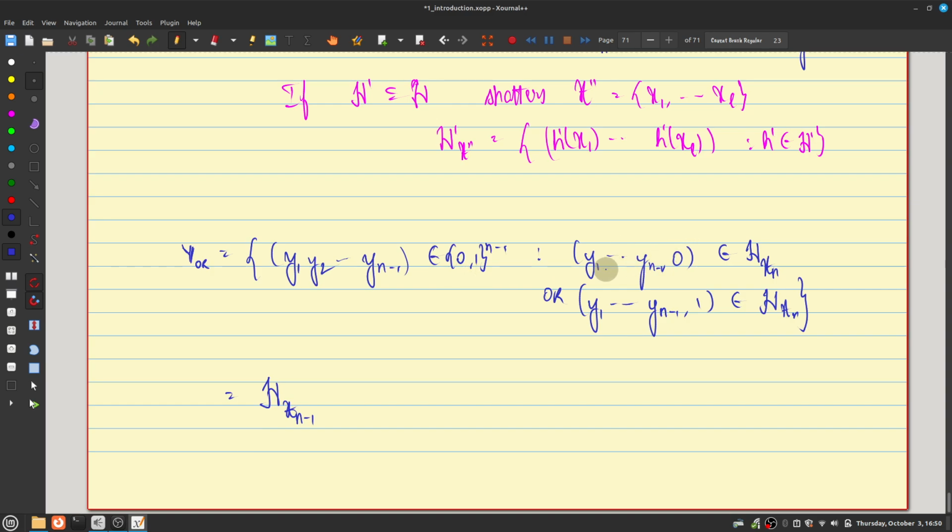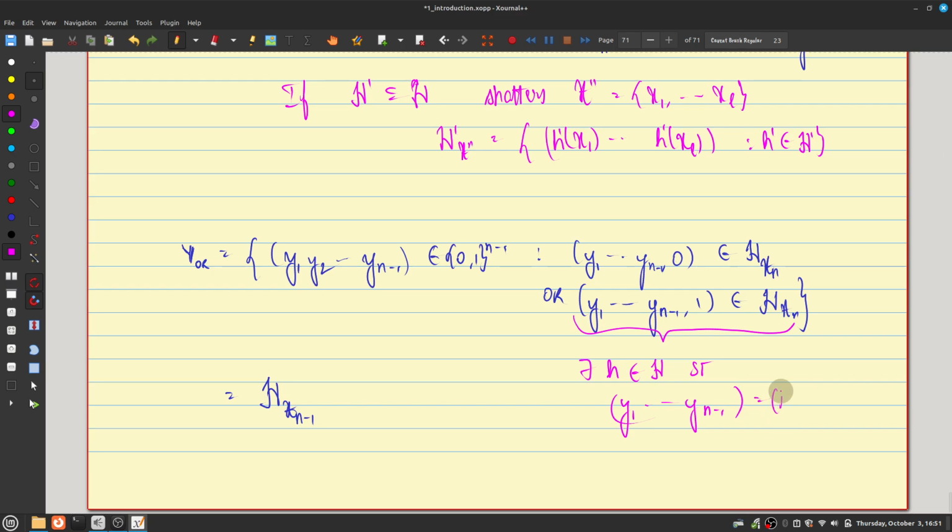True, right? So this or statement is the same as saying that there exists some h such that y1 through yn minus 1 is equal to h of x1 through h of xn minus 1.